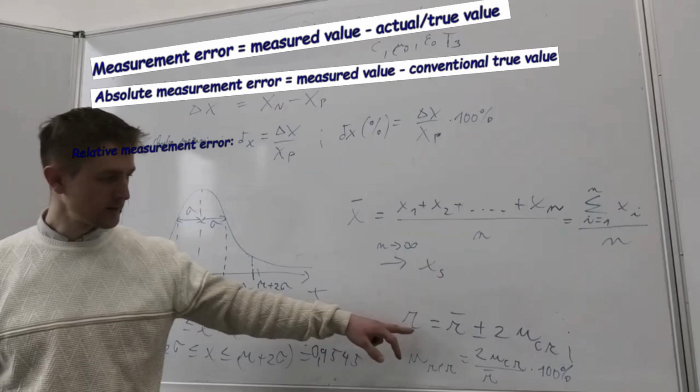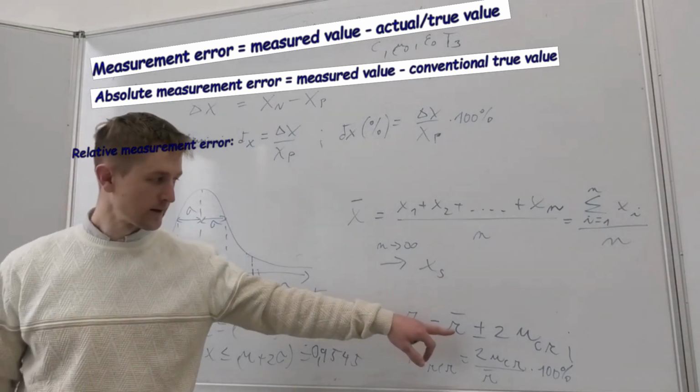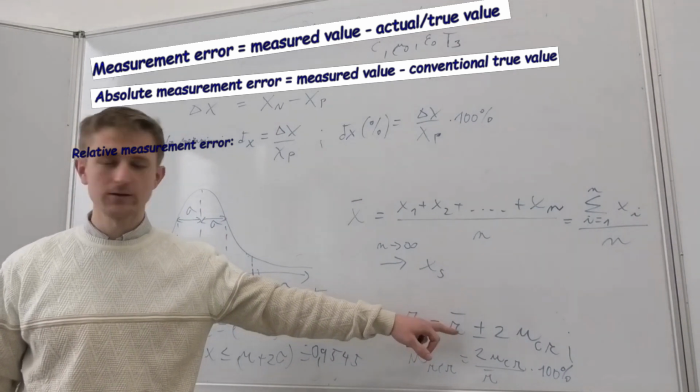For example, in the first task, you will write the result that the radius of curvature is equal to some most probable value, plus minus deviation.